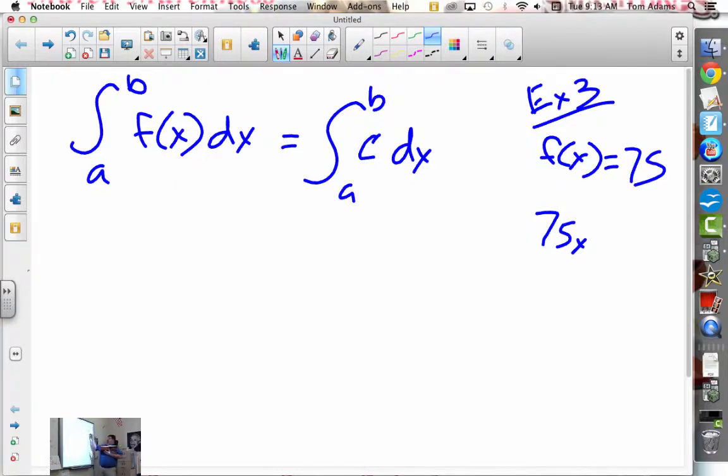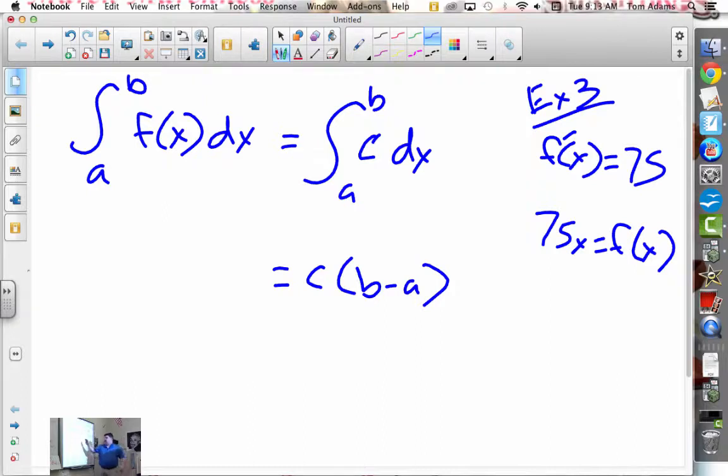Like if this was f prime, then this would be f of x, ignoring the plus c. So the antiderivative would be the constant times x. Well, that can be evaluated, and this is equal to c times b minus a.